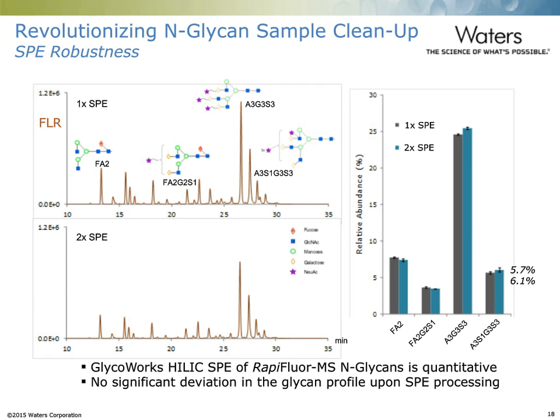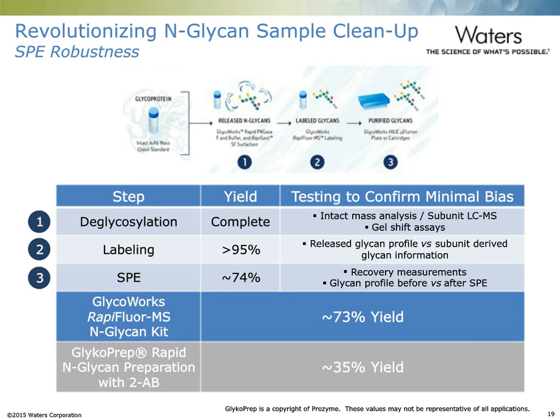So in all, as a summary of this procedure, we can see that we have a half an hour sample preparation in which we get a really good yield of our N-glycans and minimal amount of sample bias.